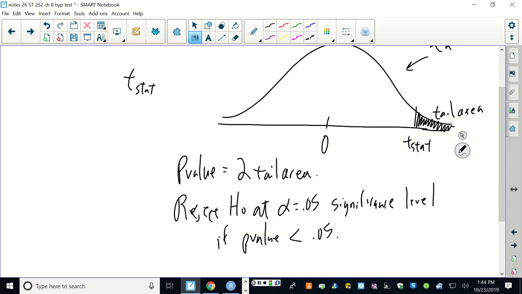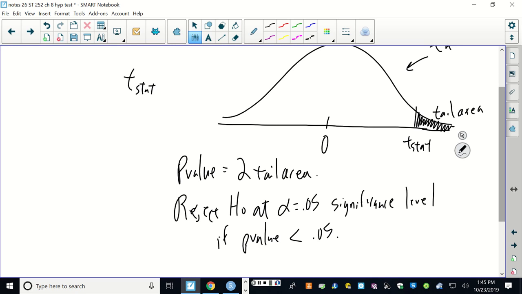Or if this was 1%, it could be the p-value less than 1%. But you have to get a small enough area out here. There's a 1-to-1 correspondence, right? If the p-value is small, that means the t-value is big. And so sometimes it's phrased in terms of the t statistic or the p-value.